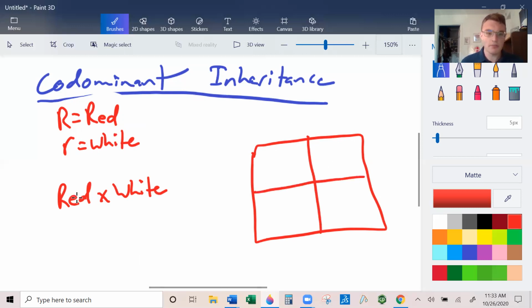Remember, last week we had to clarify whether they were big R big R or big R little r, because the heterozygous phenotype looked exactly like the dominant phenotype. So you had to go look at the parents and all sorts of things like that. The really nice thing about codominance is it's obvious whether they are heterozygous or homozygous without having to look at the parents, because a heterozygous phenotype looks different from a homozygous one. So it's great. It's even easier than last week.